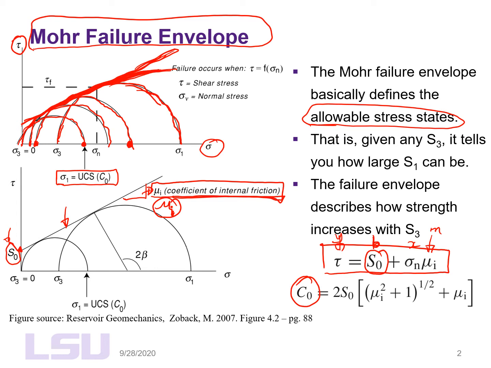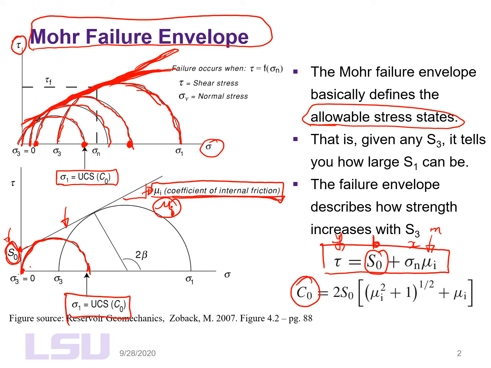So how do you get UCS? Well, again, we had illustrated UCS before. UCS is here. So from the intercept, you can draw the circle that will just touch that straight line. That's all from geometrical calculations in mathematics. And you know one point here, you can draw a circle that will just touch this, and that will give you your UCS. So given the slope, given this equation, which means you are given SO, you can mathematically find UCS.